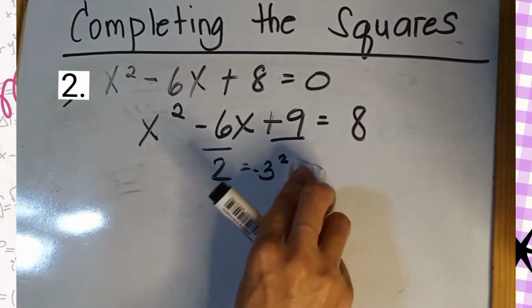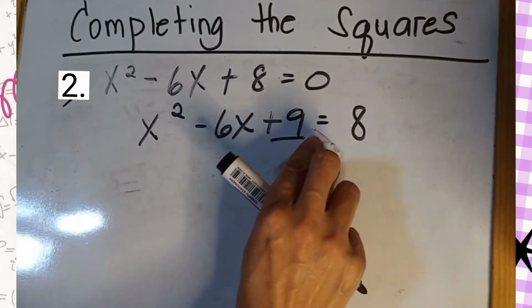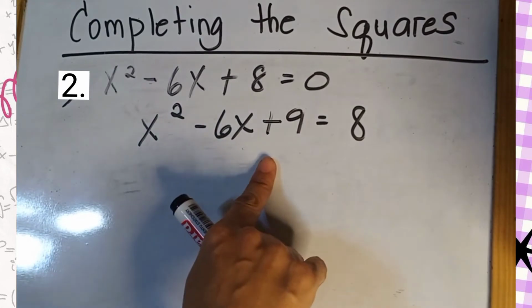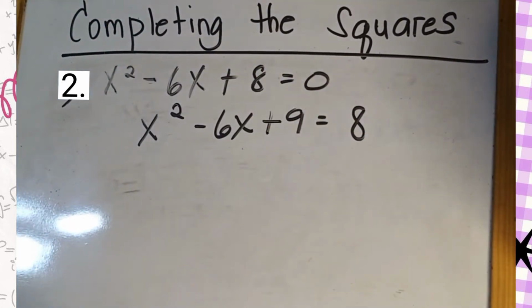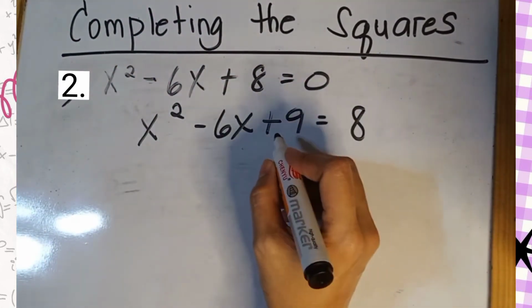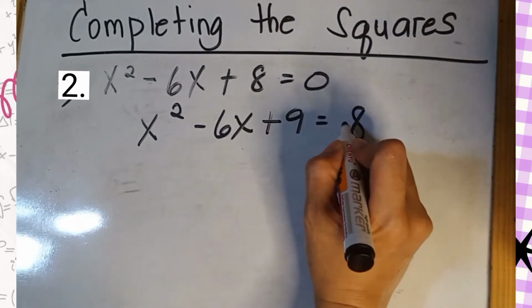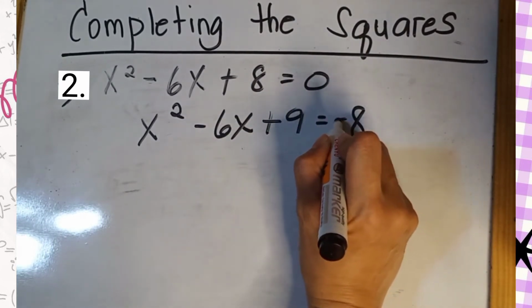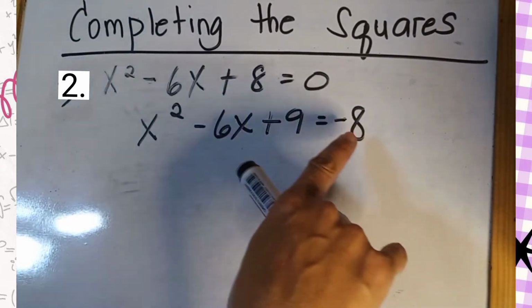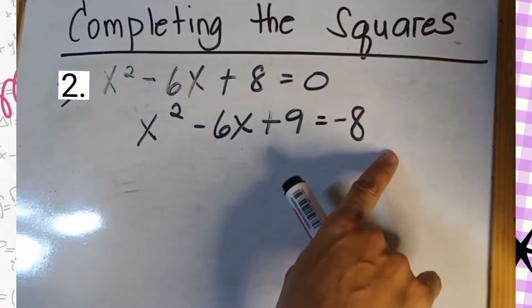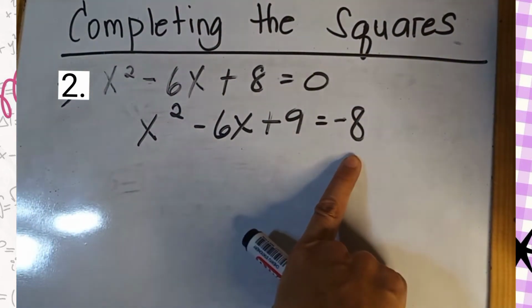Okay? Erase lang natin to. At sabi natin kung ano yung dinagdag natin dito sa side na to, ganun din yung idadagdag natin sa kabilang side. So we add positive 9 here. Oh, by the way, yung sign natin dito is negative since tinranspose natin siya sa kabilang side. So positive 8 will become negative 8.